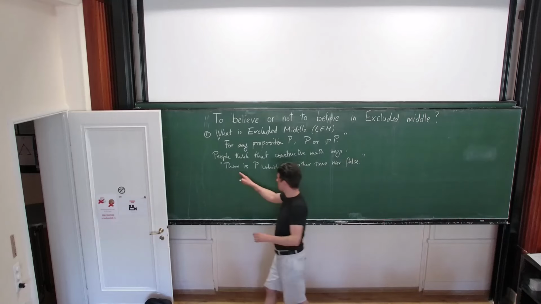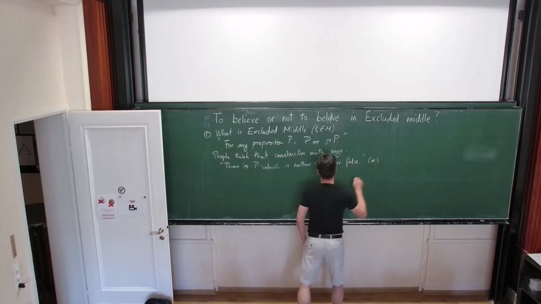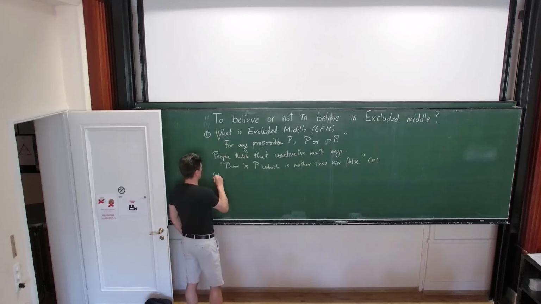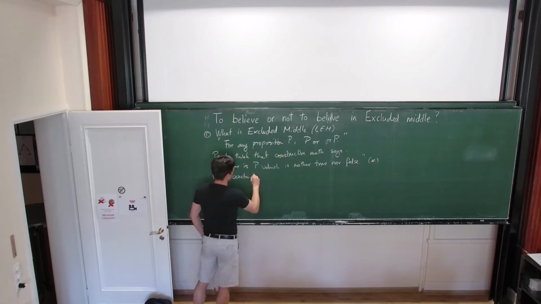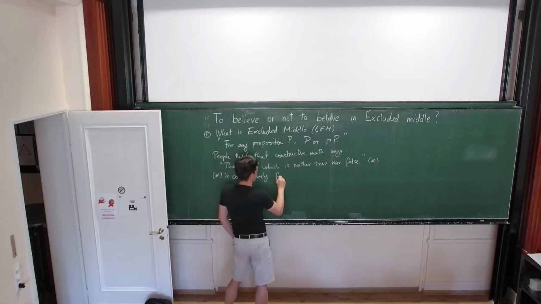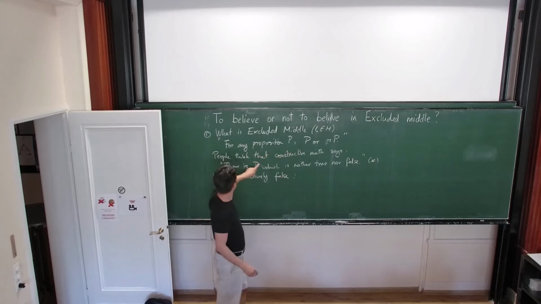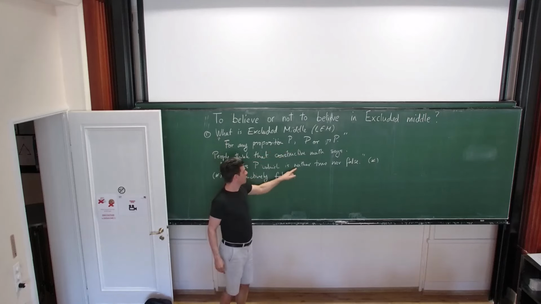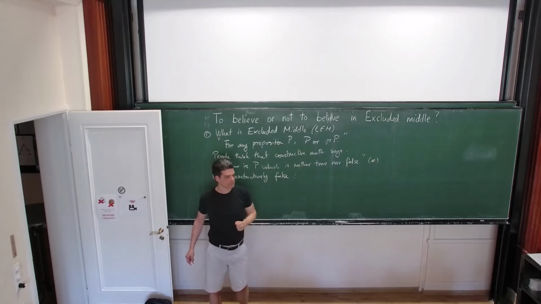In fact, this statement, star, is constructively false. Why? Let's write it down as a formula. How do you say P is not true in logic?